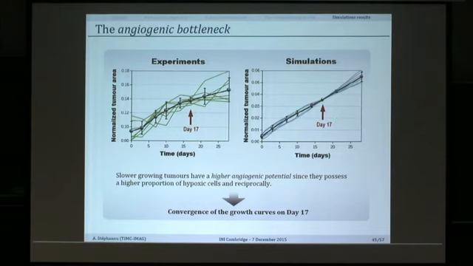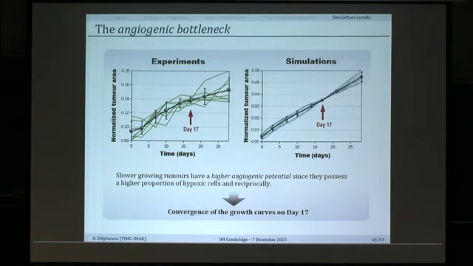So obviously it should come from angiogenesis that is responsible for this, but we had to look at the data to know exactly what is happening on this day. The interpretation that we made is that we have slower growing tumors, and these slower growing tumors catch up at the end, and the faster growing tumors slow down.